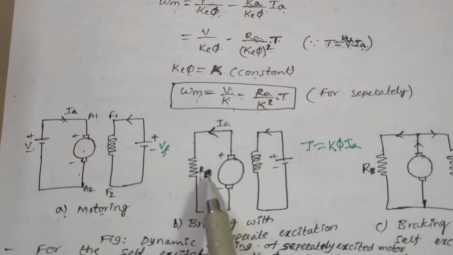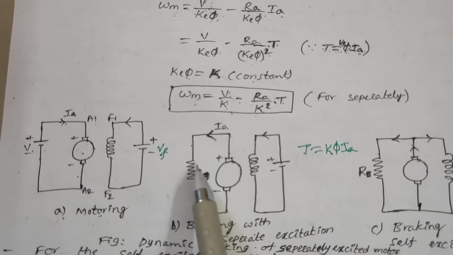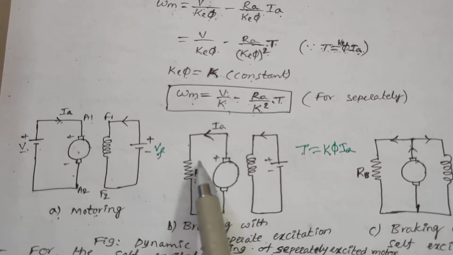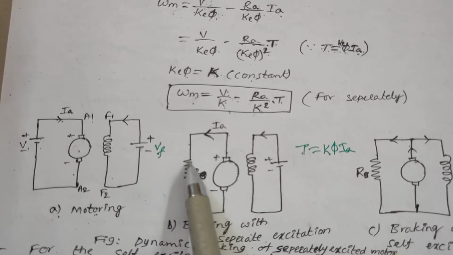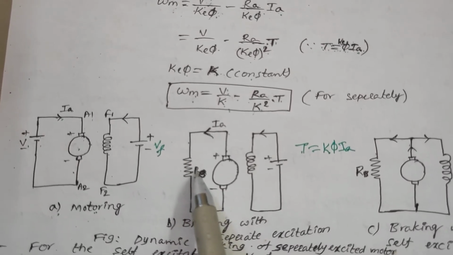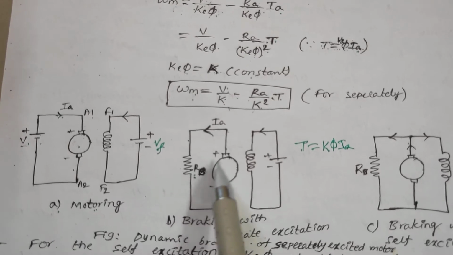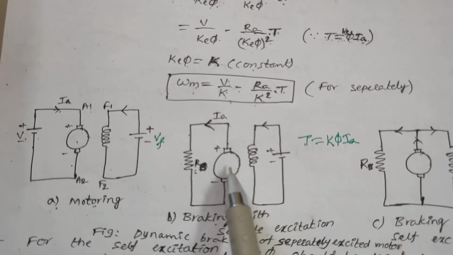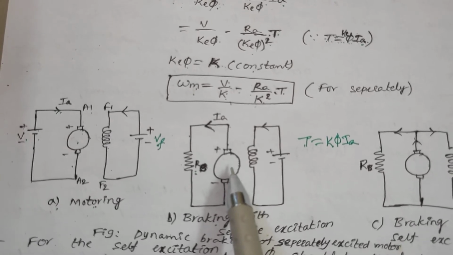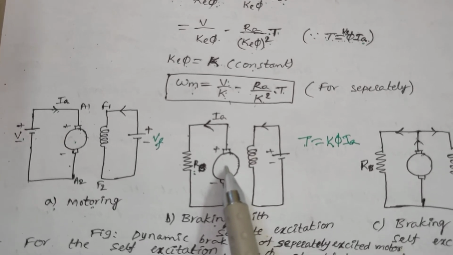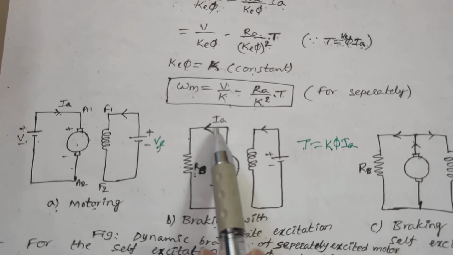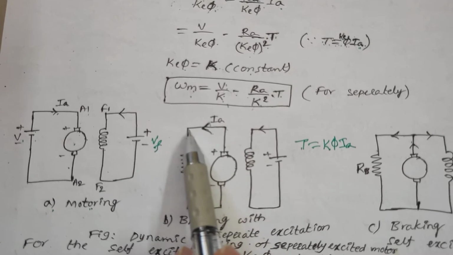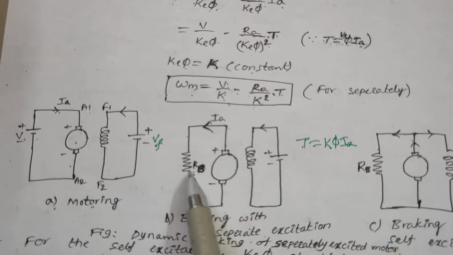During the dynamic braking operation, when we disconnect the supply and connect the resistance RB, the braking resistance, in place of the supply voltage, the circuit diagram will become like this. When we do that, the motoring operation becomes generating operation, because here the armature current Ia will get reversed and it will flow into the resistance.